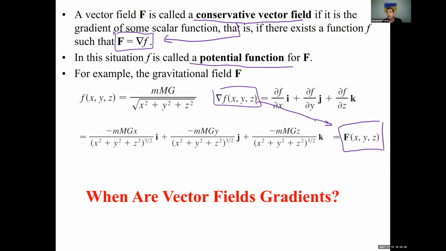So when are vector fields gradients? We need to determine that. If we find that, then we can look for them. So we have a two-step process. Decide: yes, this is a conservative field. If it's a conservative field, then let's find the scalar function, little f.